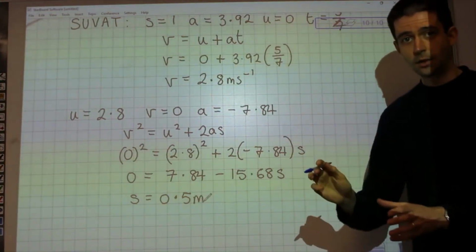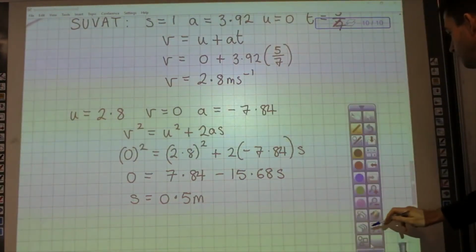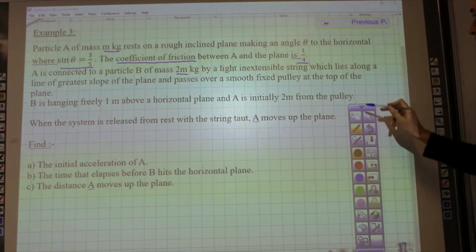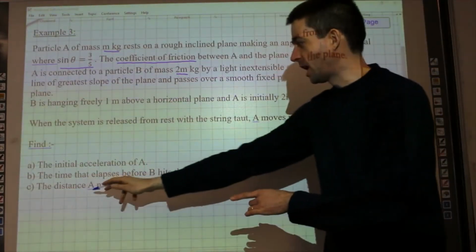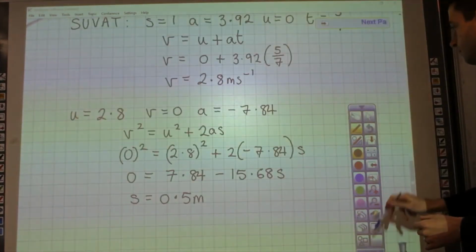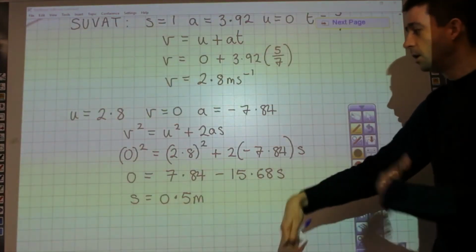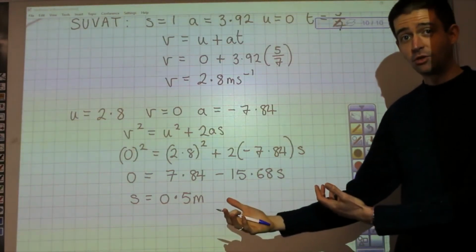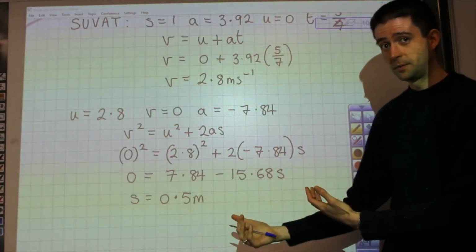Pause, check the question. Question says, the distance A moves up the plane. That's not what you've worked out. You've worked out how much further A travelled up the plane after B hit the ground.